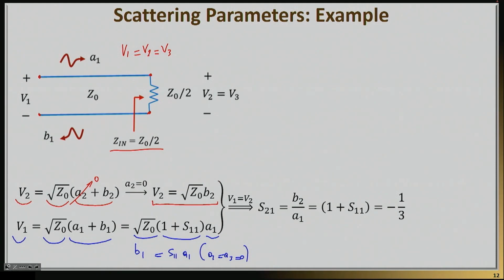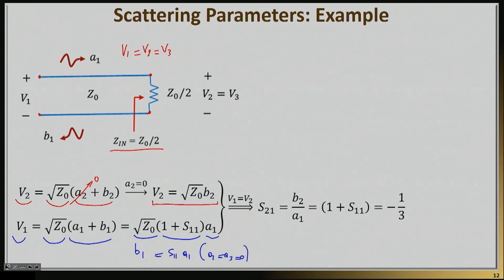So again, there is actually no assumption behind this equation that is true only for this particular network. This equation I wrote there will be true for all networks as long as you make sure that all the ANs, except for A1, are equal to 0.